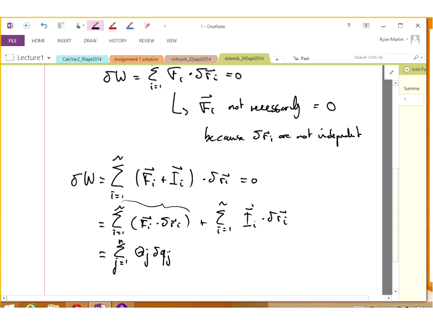Where the Qj, well, I just defined it again in the summary, right? It has the sum over I inside of it. And then the second term, I'm just going to rewrite here, and that's the one we're going to have to work with.